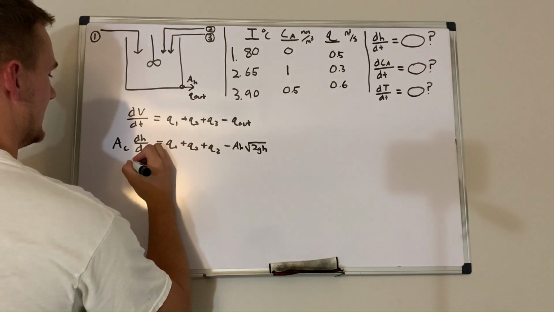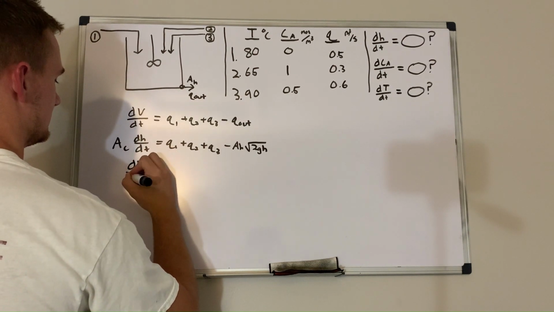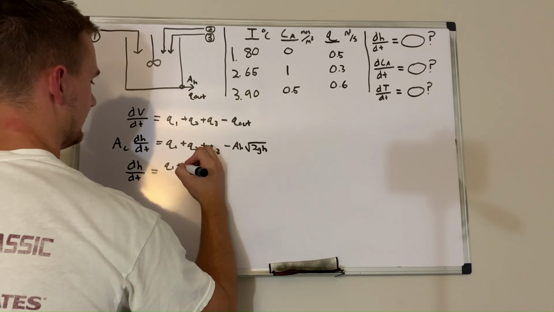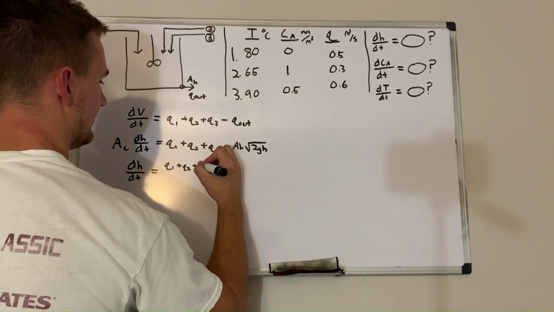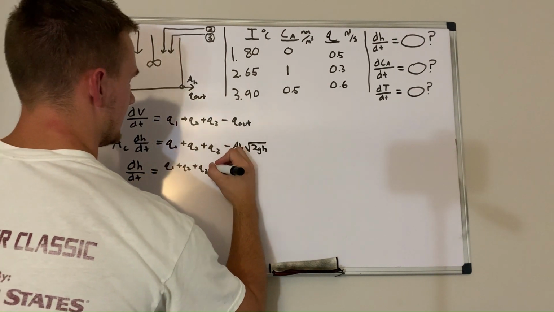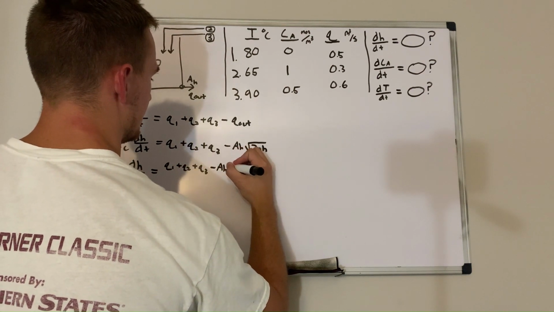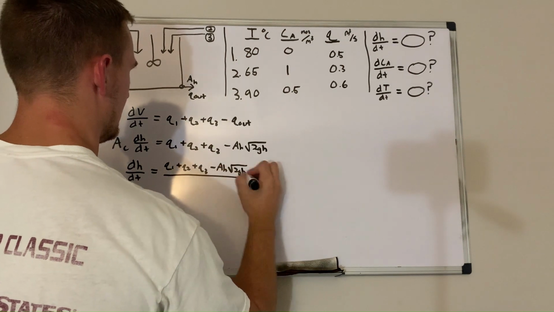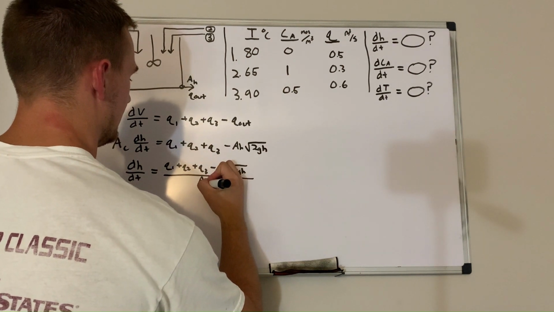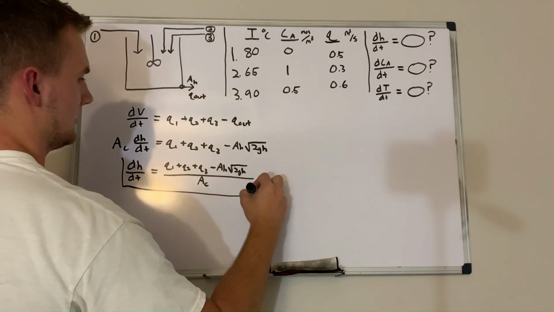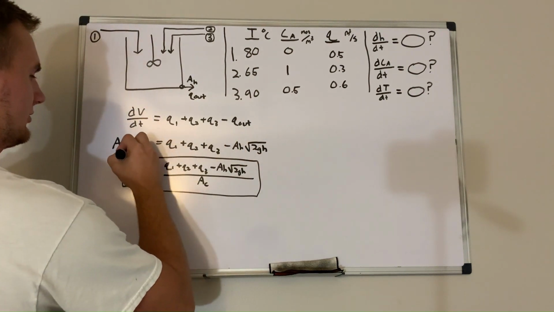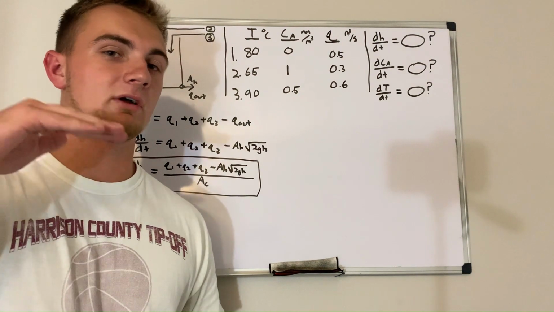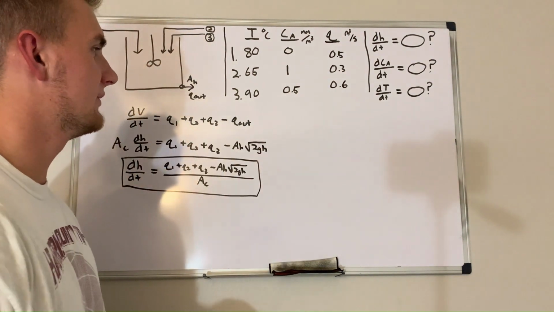So we'll have dH dt is equal to Q1 plus Q2 plus Q3 minus AH square root of 2GH, over the cross-sectional area of the tank. And this is the expression that we'll use for the differential change of fluid level, or the height of the fluid in the tank.